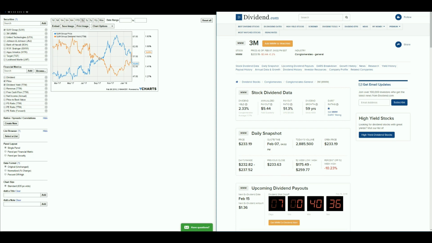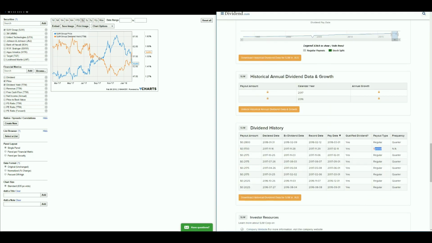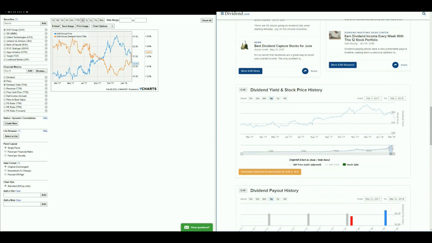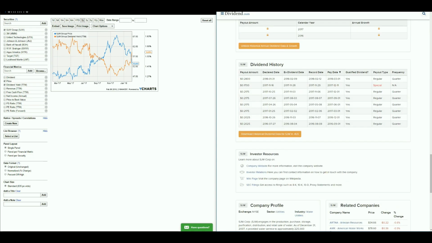Triple M is a conglomerate, and as you take a look at these, take a look at the dividend growth. That's why they're rated so high. They have a very nice yield and a lot of dividend growth. The last time they increased their dividend, they had special dividend payouts. They increased it from 21.75 cents to 28 cents.